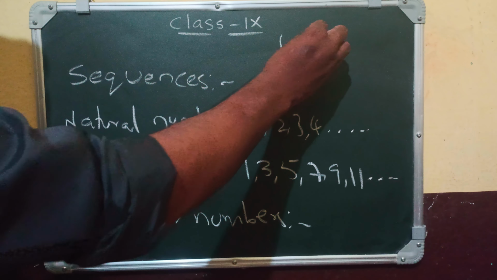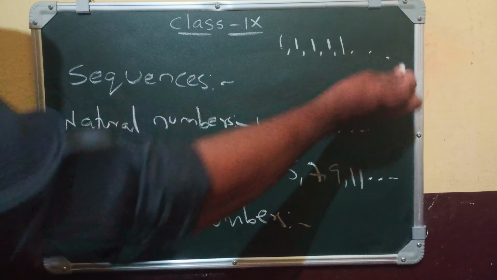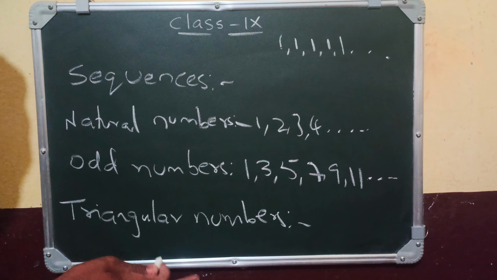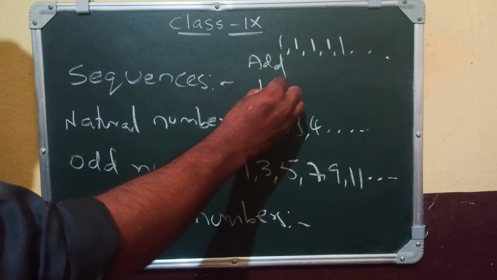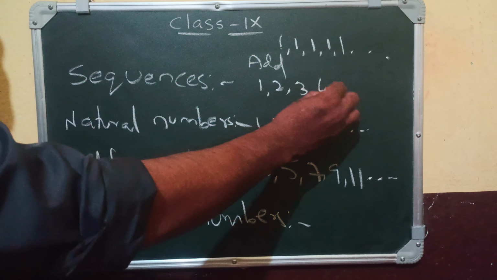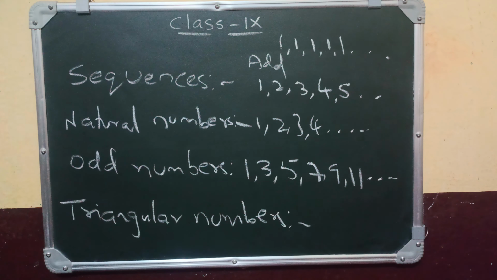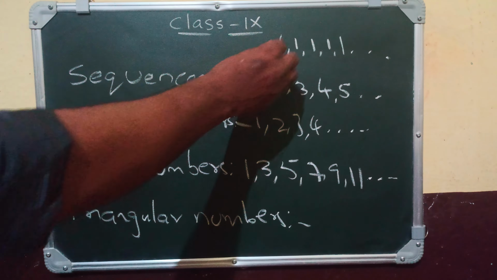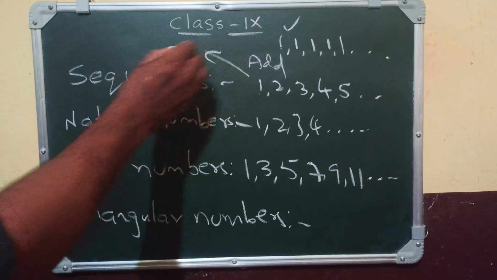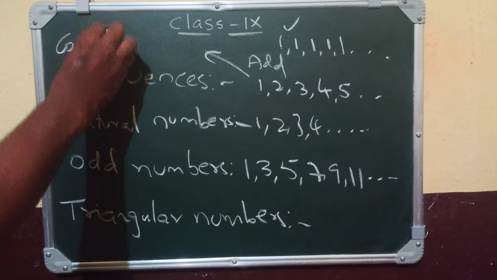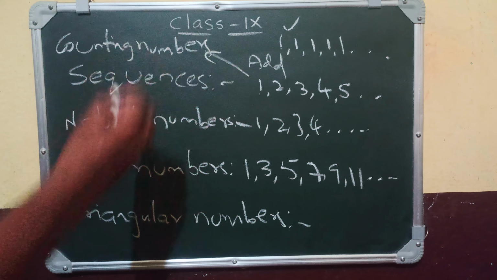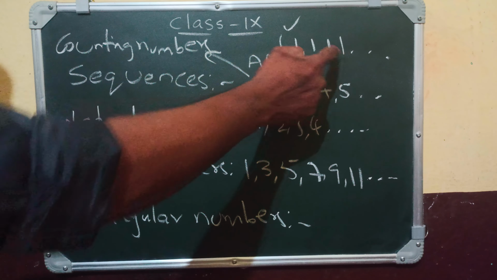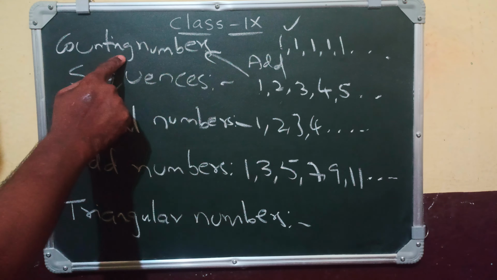So generally these are all ones. If you add all these ones, what will you get? 1, 2, 3, 4, 5 and so on. So if you add all ones, we will get these numbers, which are called counting numbers.